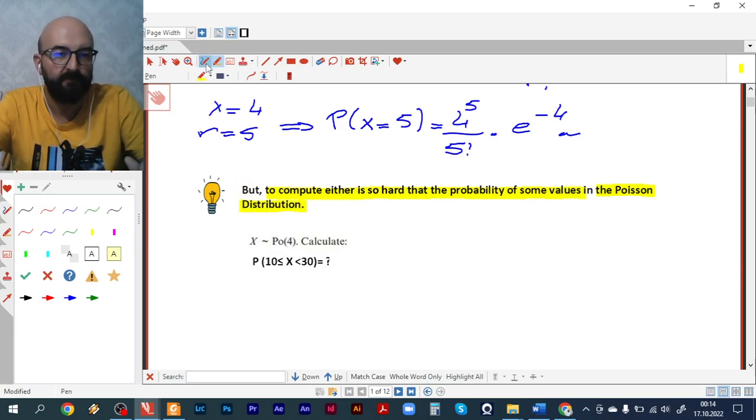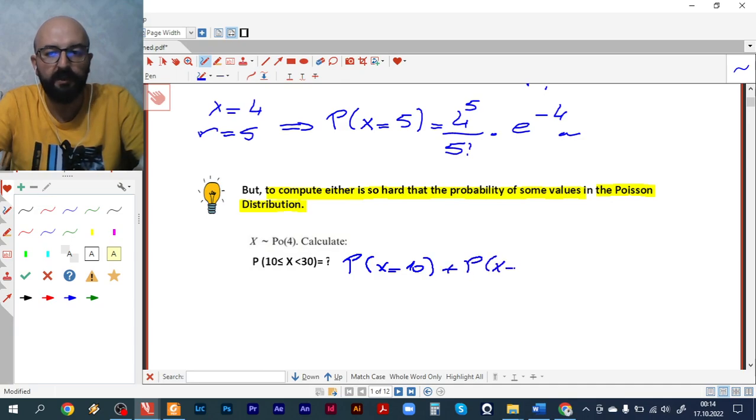For example, if we want the probability of greater than or equal to 10 and less than 30, we should compute the probability of 10 plus the probability of 11 plus the probability of 12, and so on, and finally the probability of 30.